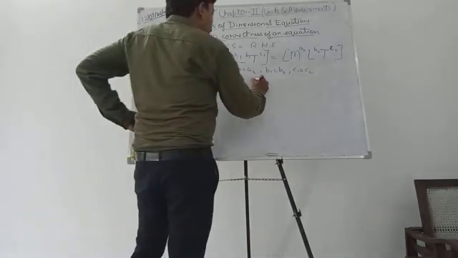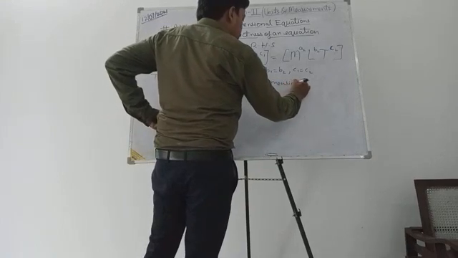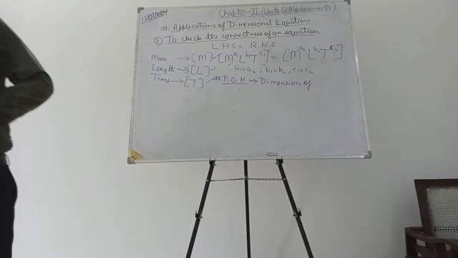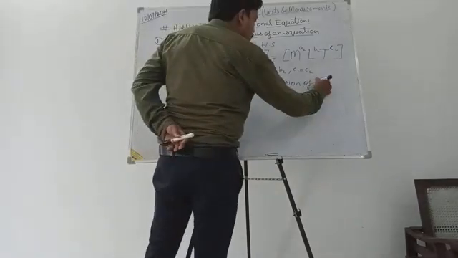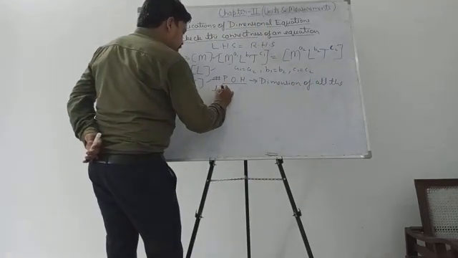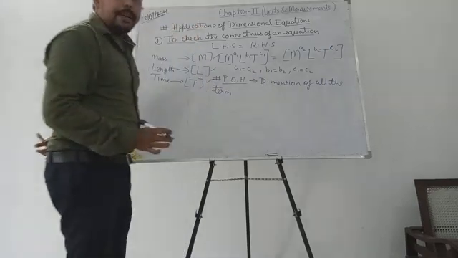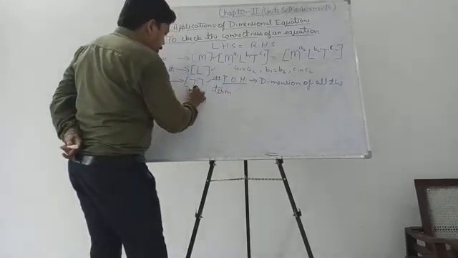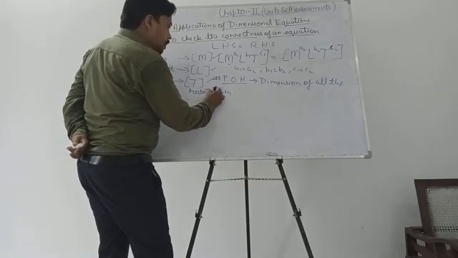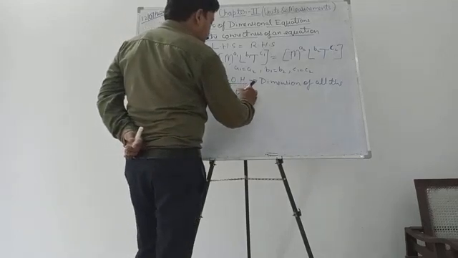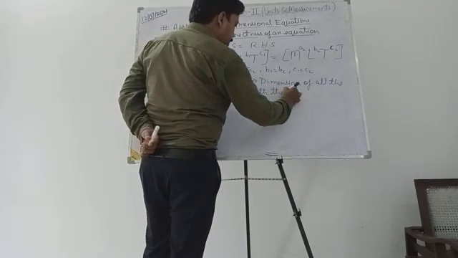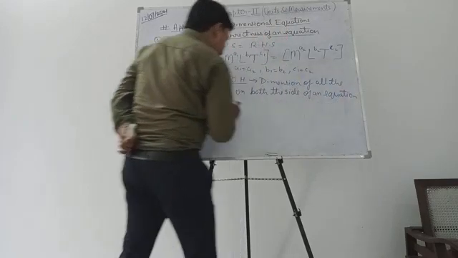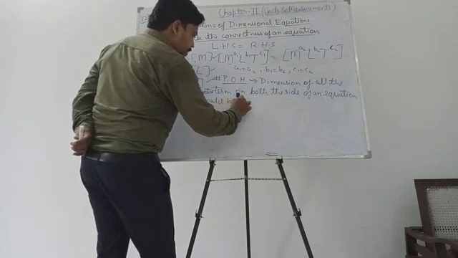So it says the dimension of all the terms, terms meaning M, L and T, the fundamental units, the respective fundamental unit of all the terms on both sides of an equation should be the same.